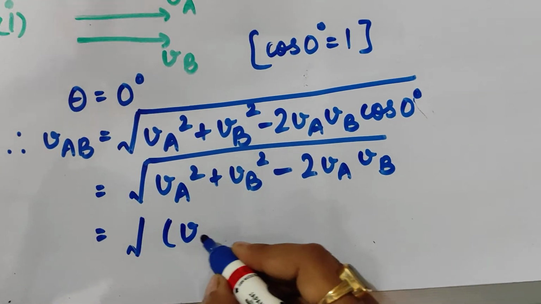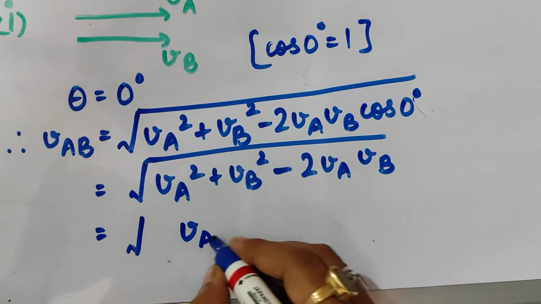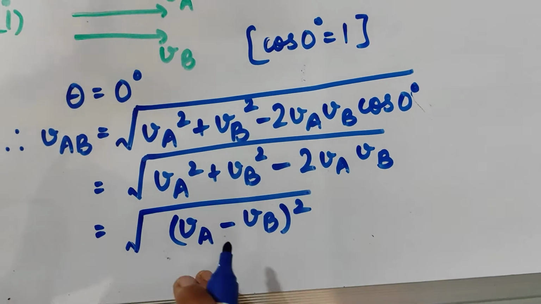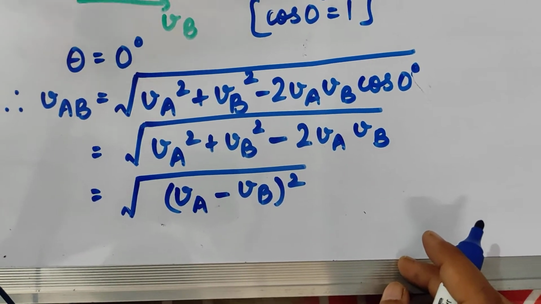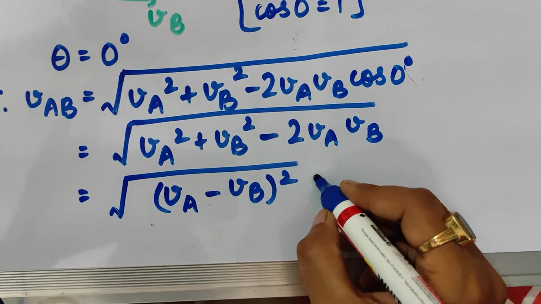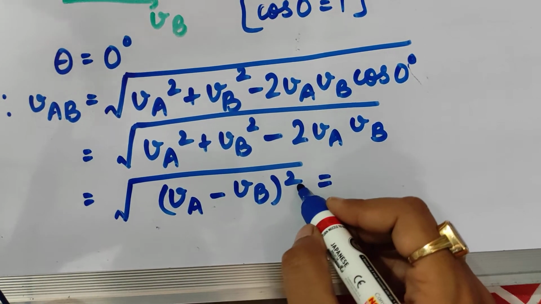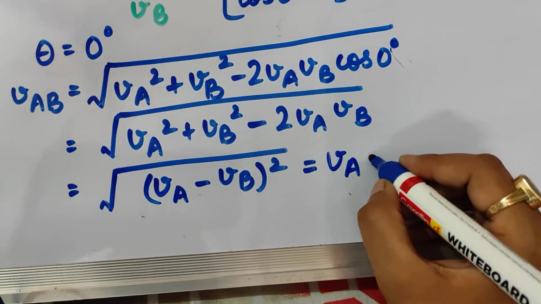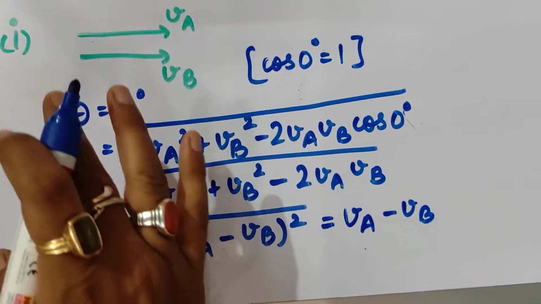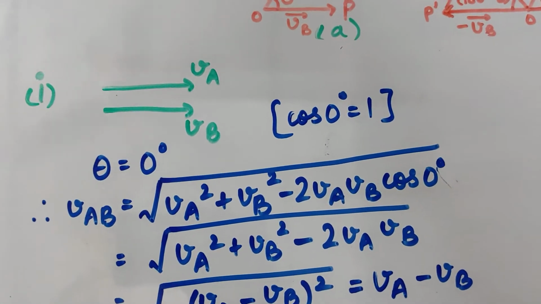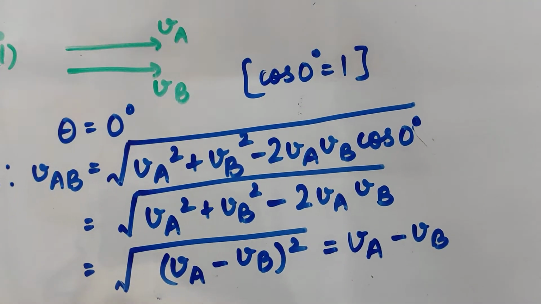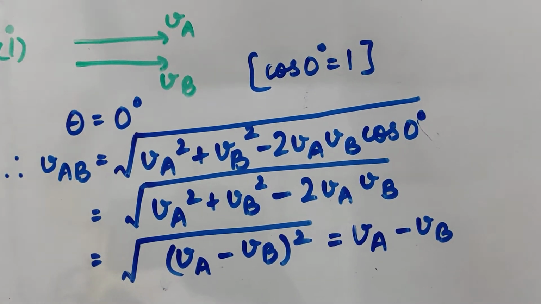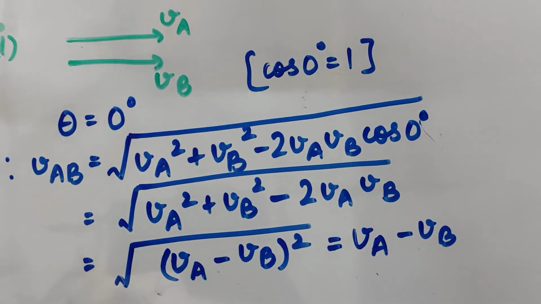So by this we will get the square root of VA minus VB whole square. And this will give us what? The square root and the square will cancel each other, so we are left with VA minus VB. So in this case, when both the bodies are moving along parallel straight lines in the same direction, the theta between them will be 0 degree, and the relative velocity VAB will be equal to VA minus VB.